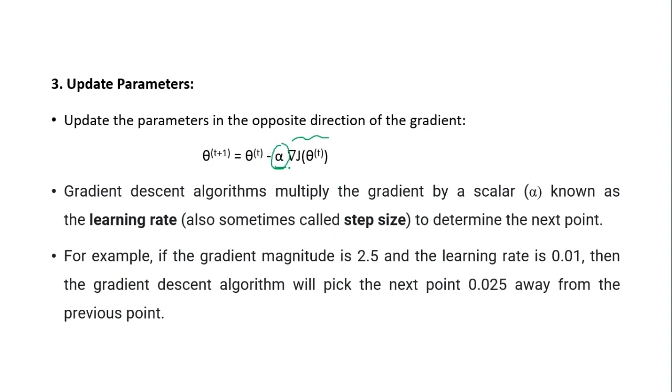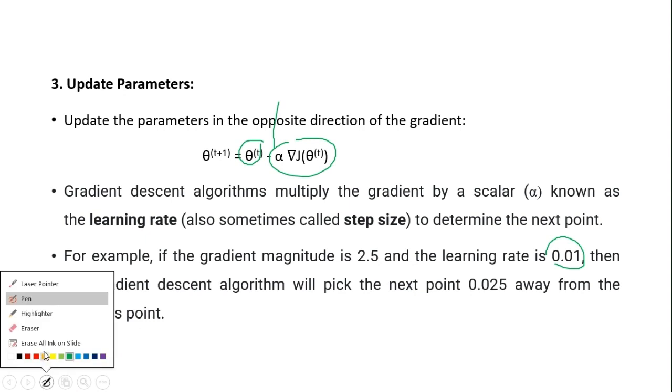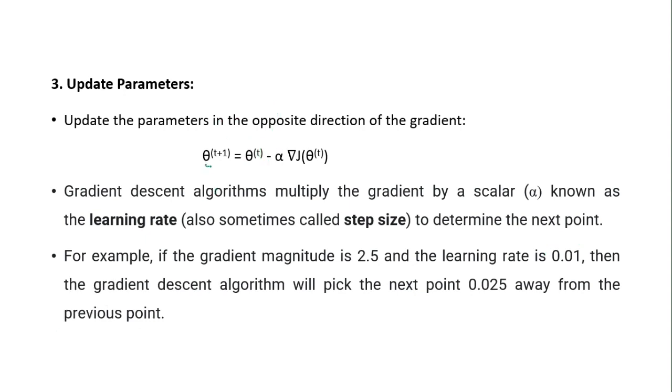When the factor increases, the value being subtracted from theta t will increase, or decrease depending on the value. If it is 0.01, it will only decrease. So by varying this alpha, the difference between the old parameter and the new parameter can be varied. That is what determines the step size.